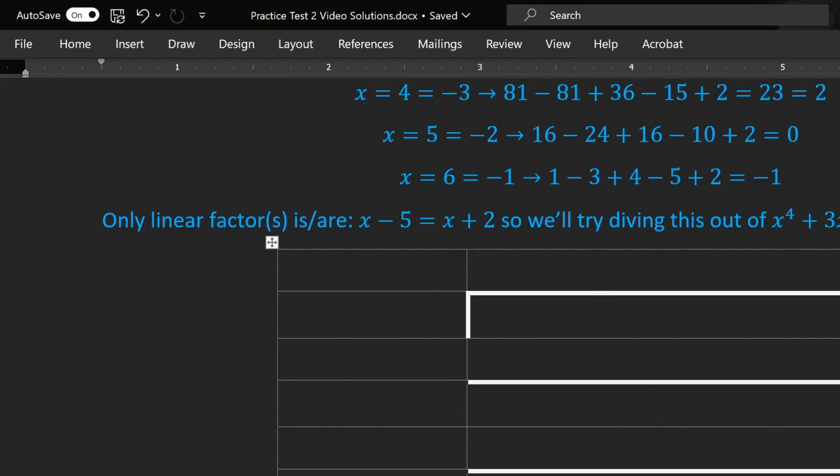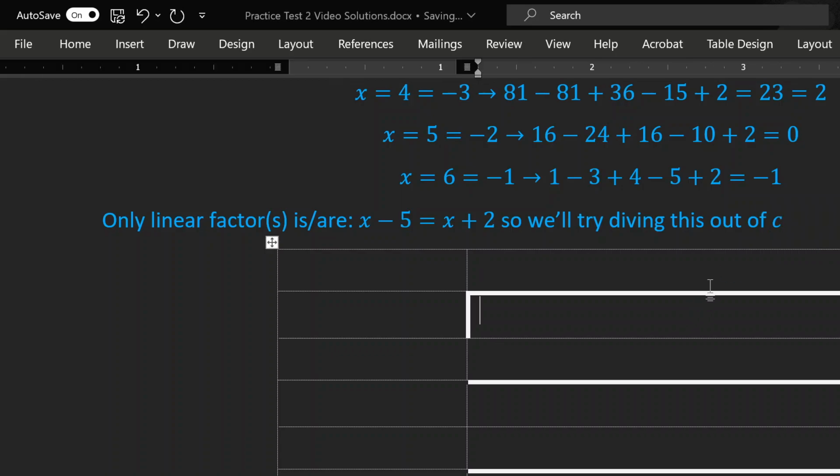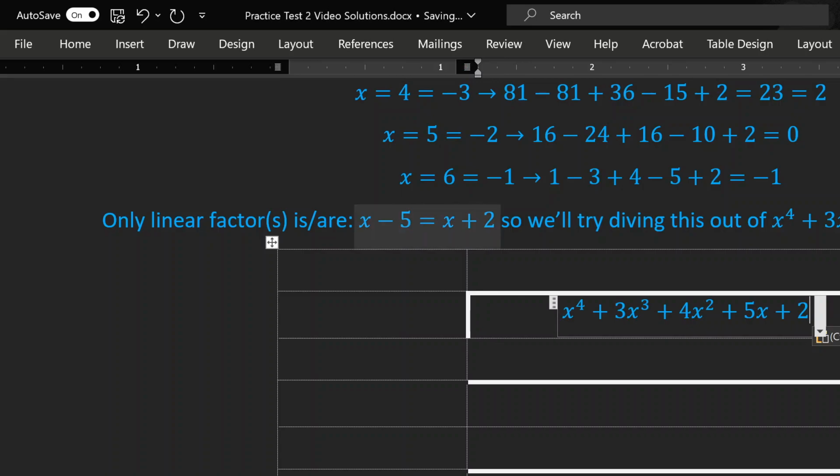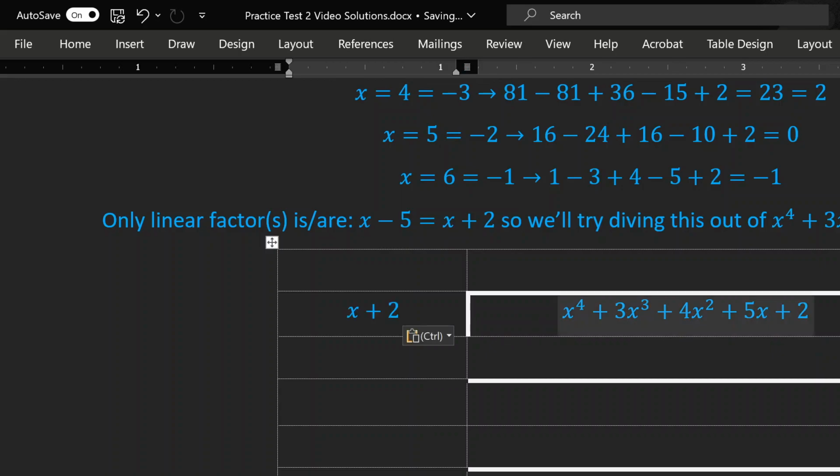Okay, I just paused it and reformatted this until it wasn't driving me crazy. So we're going to try dividing x plus 2 out of this polynomial, and I'm going to do it with a table because my handwriting is not good.